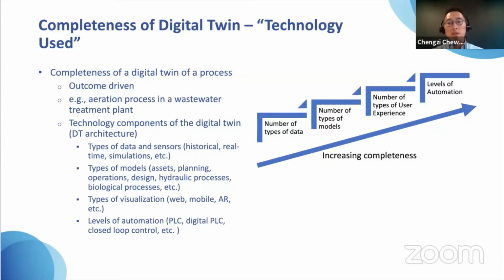Lastly, the infrastructure that your system has in terms of automation is also key to see how complete your digital twin is. The idea here is that if you have all the technology components you need in the digital twin to help you reach this particular outcome, then it is complete for this process. Next slide, please.